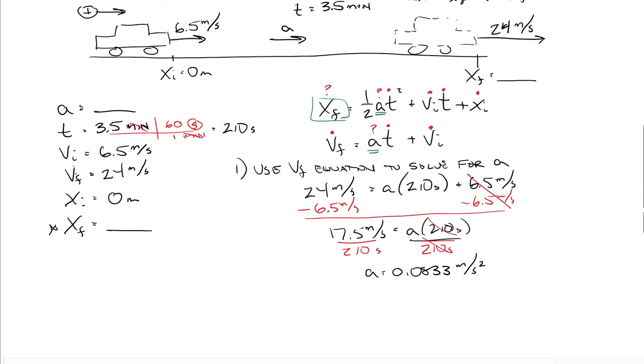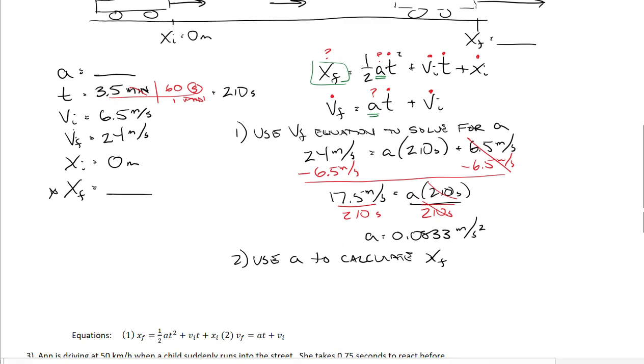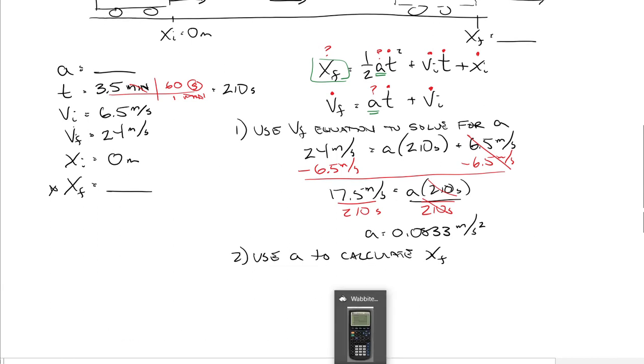So now that we have a, we're going to use the a value to calculate x final. And so I have everything I need. I'm just going to take my values above.